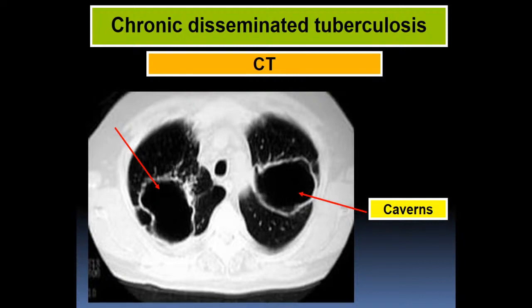You can see cavernous have irregular shape because of thick wall, fibrosis around the caverna can deform these cavities. In the right side, you can see bean-shaped caverna. This is result of a chronic process.